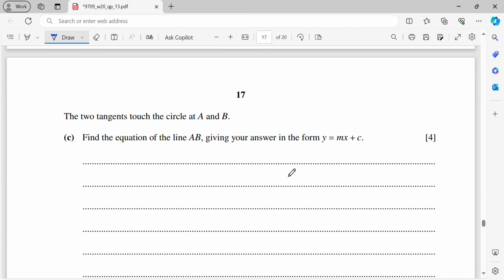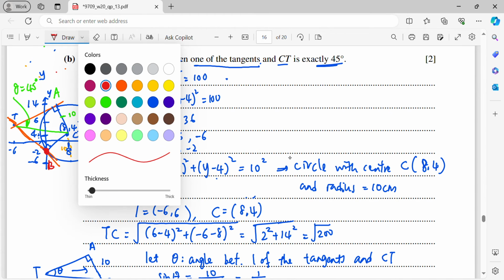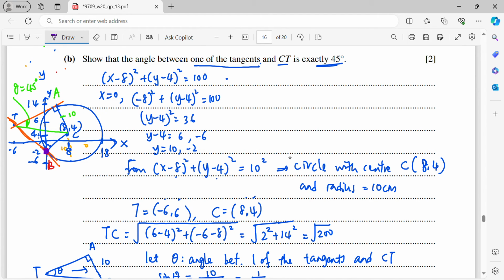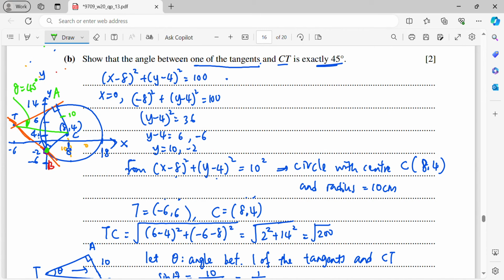Right, now next part, the two tangents touch the circle at A and B. For part C, find the equation of the line AB and give your answer in y equals mx plus c. So it touches A and B. That means this is going to be point B. Here is point B. Okay, so now we need to find out what is the straight line.